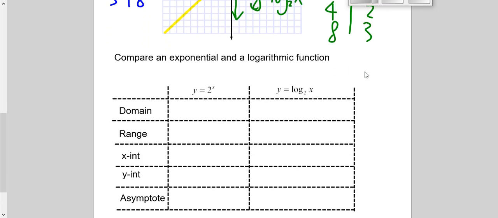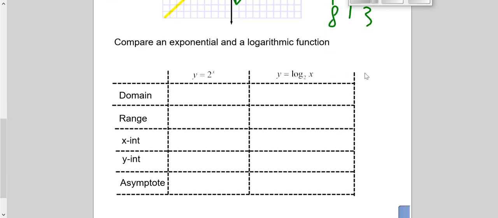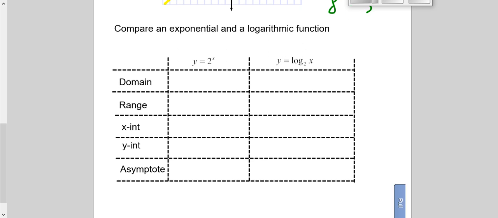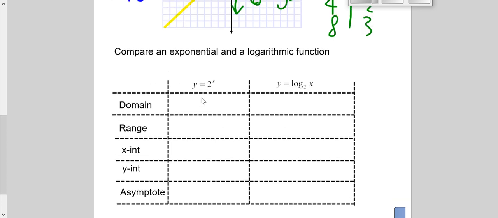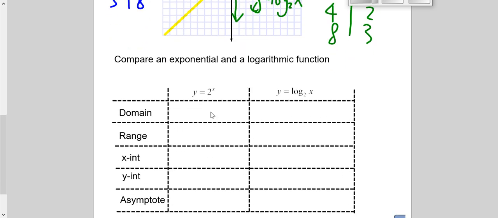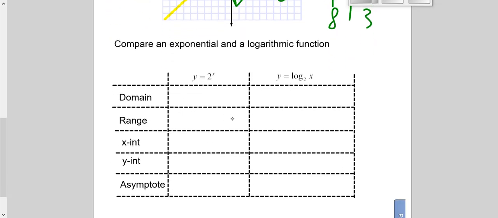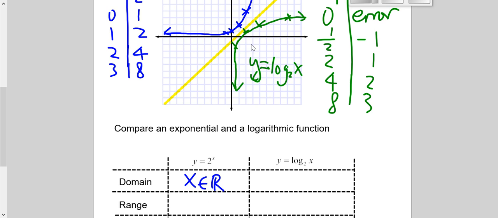I'm too lazy to scroll up and down all the time, but make sure you have your graphing calculator with you. Then it would be handy and easy for you to understand. Now we have done something like this before, so I'll quickly go over this part. For our exponential function, the blue one, the domain is all real numbers. X could be anything.